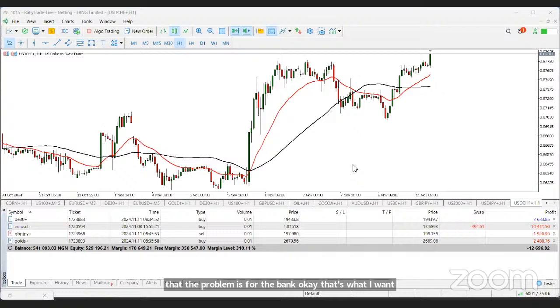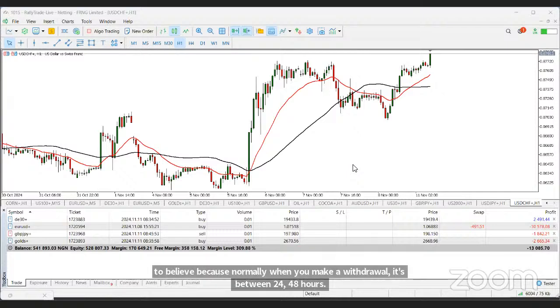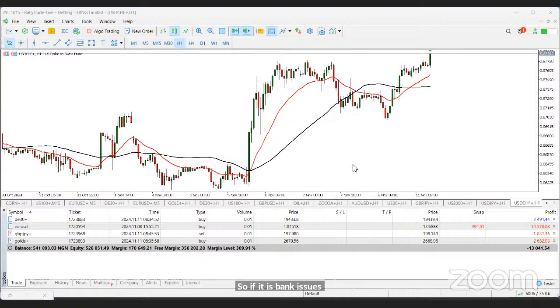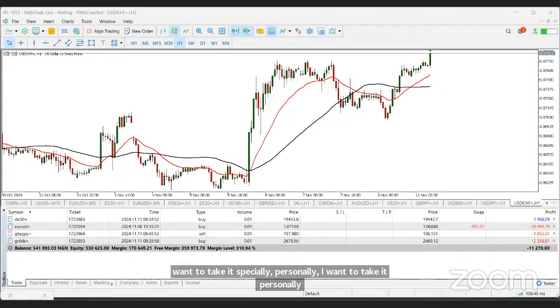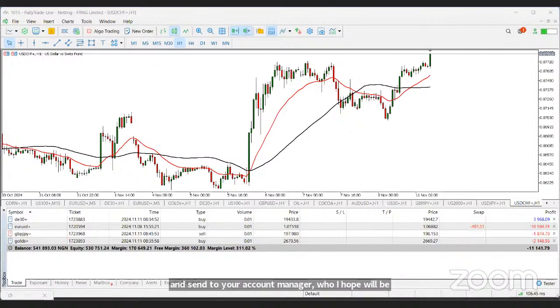If it is a bank issue, then Rally Trade is working hand in hand with GTB now, especially to see that the money gets to everybody that actually posted. But because you posted your email, I'm going to take it personally and send it to your account manager, who I hope will be able to look into it specifically for you and attend to you particularly. So, no worry. You will get your money very fast.